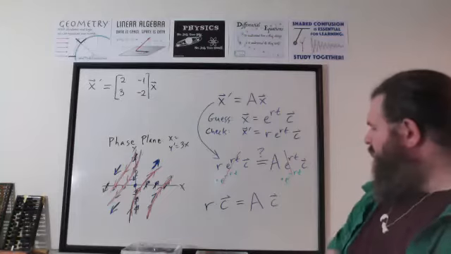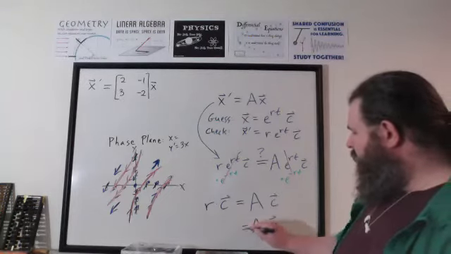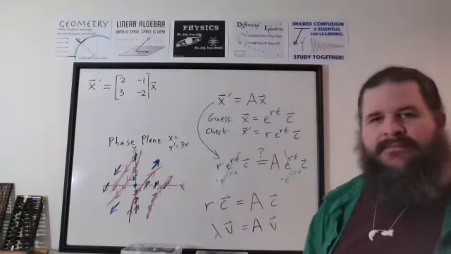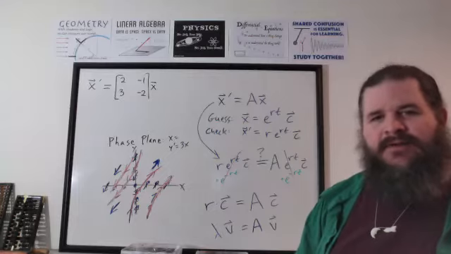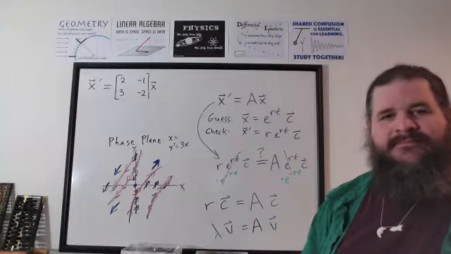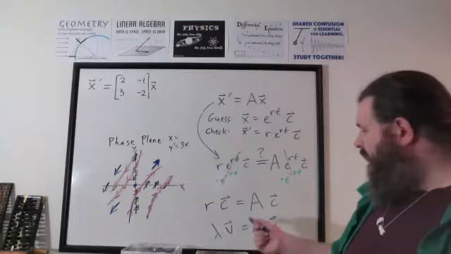Would it be more recognizable if I rewrote that vector as V and rewrote that scalar as lambda? Have you seen that before? Exactly. These are the eigenvectors.